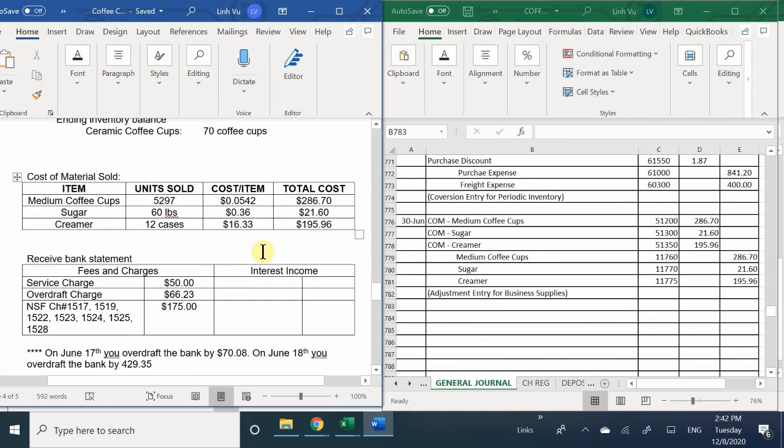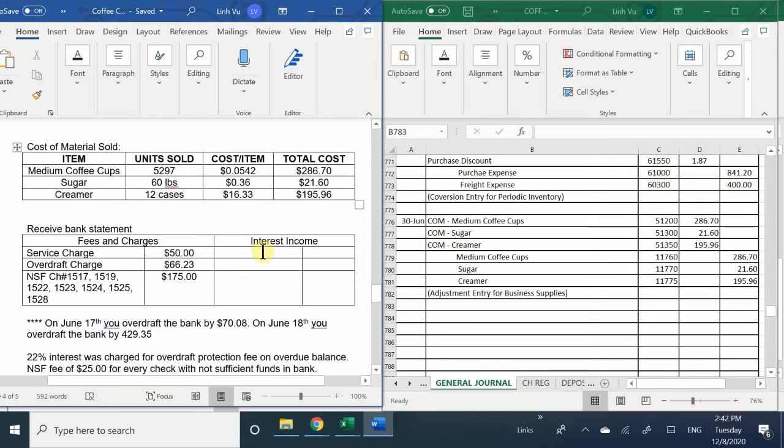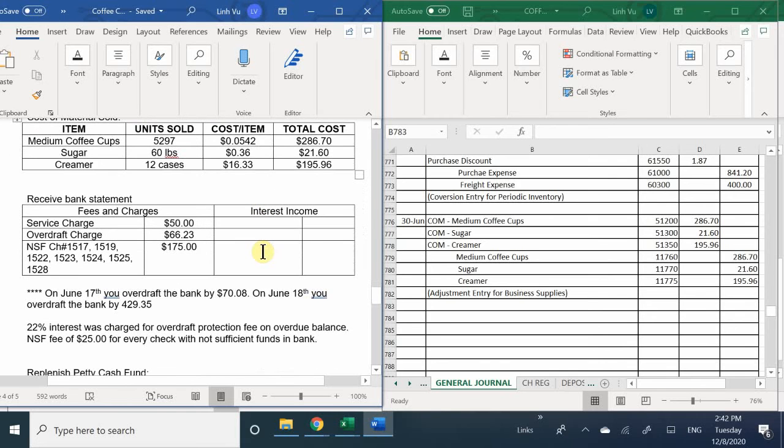So let's see what happened here. Okay, so we got our bank statement. I'm not going to have you do a bank reconciliation because usually that happens at the beginning of the next month.